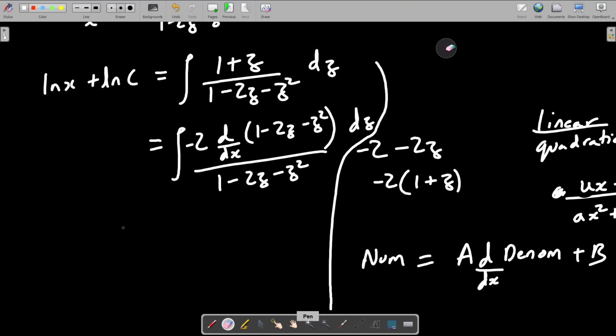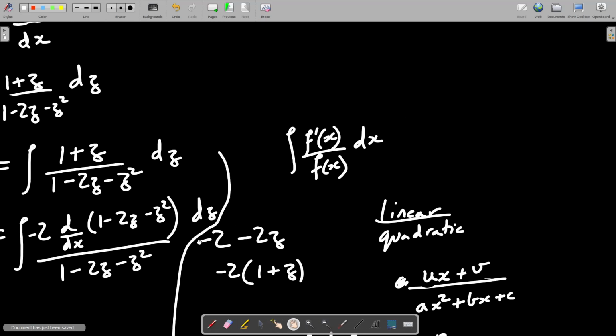I'm asking you the integral formula for this thing: f prime of x upon f of x. What is the integral of this? Forgot? Revise this and come home. Okay. Anyways, this integral is what?